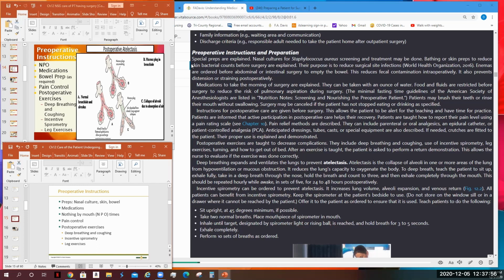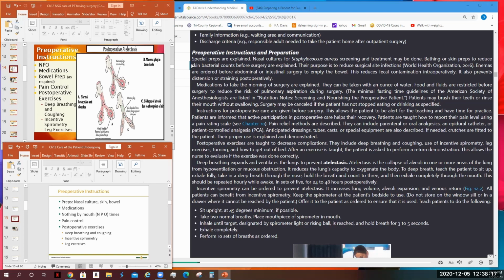Anticipated dressings, tubes, casts, or special equipment are also described. If needed, crutches are fitted to the patient. Their proper use is explained and demonstrated. Post-operative exercises are taught to decrease complications.